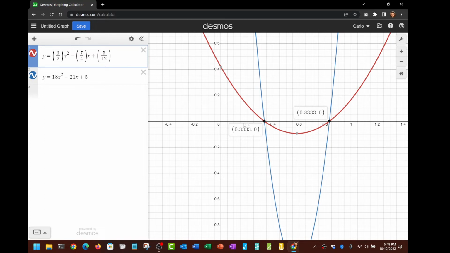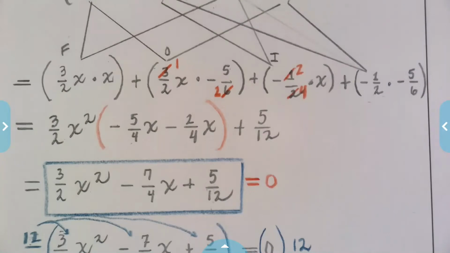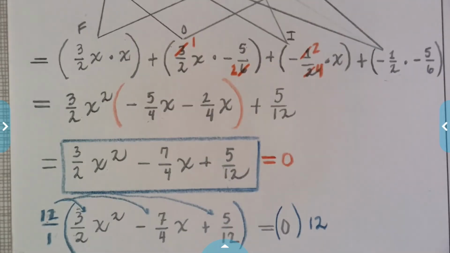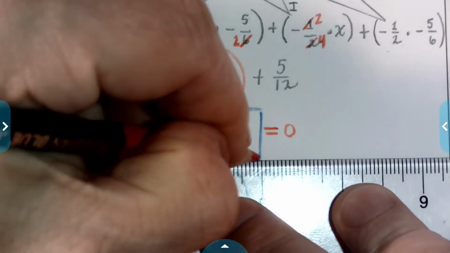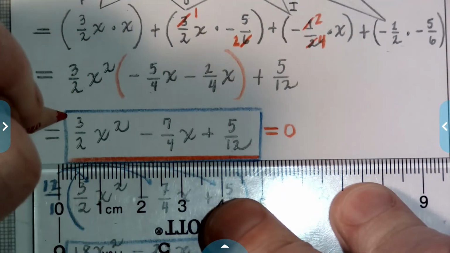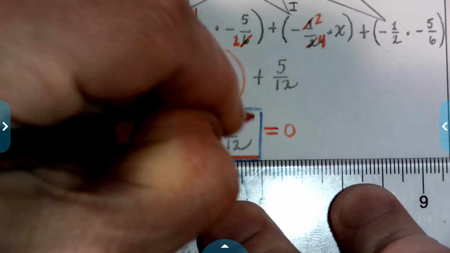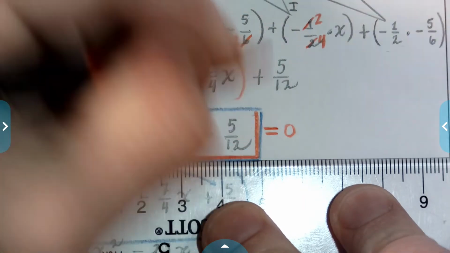All right, so that's enough of that. Okay, so just back on this, we'll go ahead and put this in the red box so you know what to put into Delta.